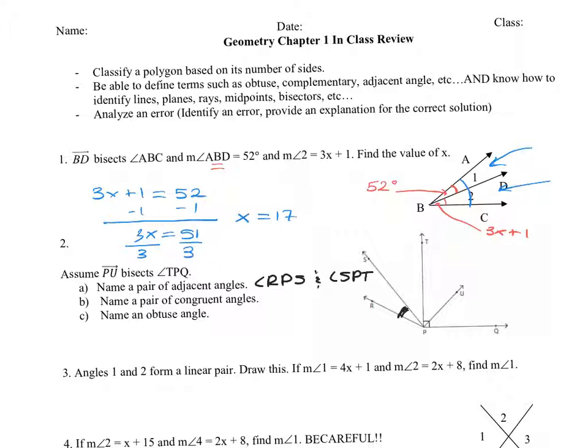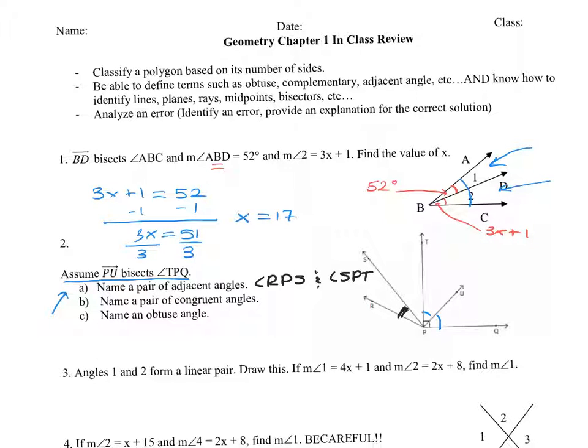Okay. So now it says name a pair of congruent angles. Well, in order to name a pair of congruent angles, notice you have to look back at what it tells you. And the biggest mistake that I see on a lot of geometry tests is they don't read all of the information. It says assume PU bisects TPQ. So it bisects this, which means what about these two angles in blue? They're the same. So that must mean they are congruent, right?